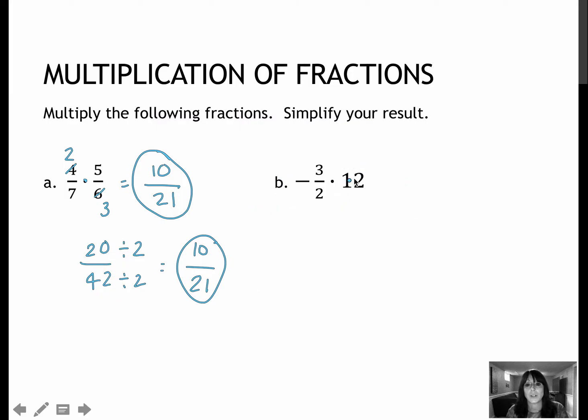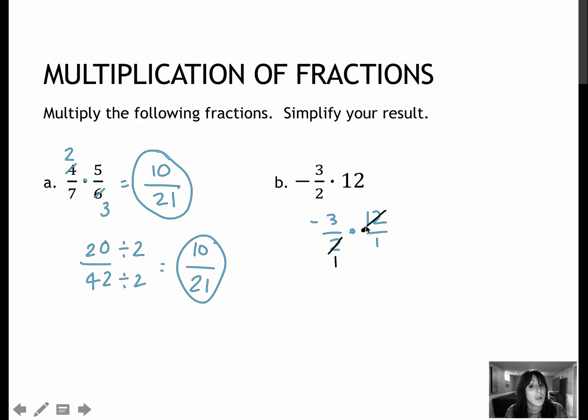Looking at the second question, notice my second number is not even a fraction, but that's okay. I'm going to take -3/2 times 12 over 1. So I'm going to write it as a fraction because I know that 12 is the same as 12 over 1. And now I'm going to reduce anything that I can. So notice 12 is even, and so is 2. So I'm going to divide 2 by 2 to get 1.